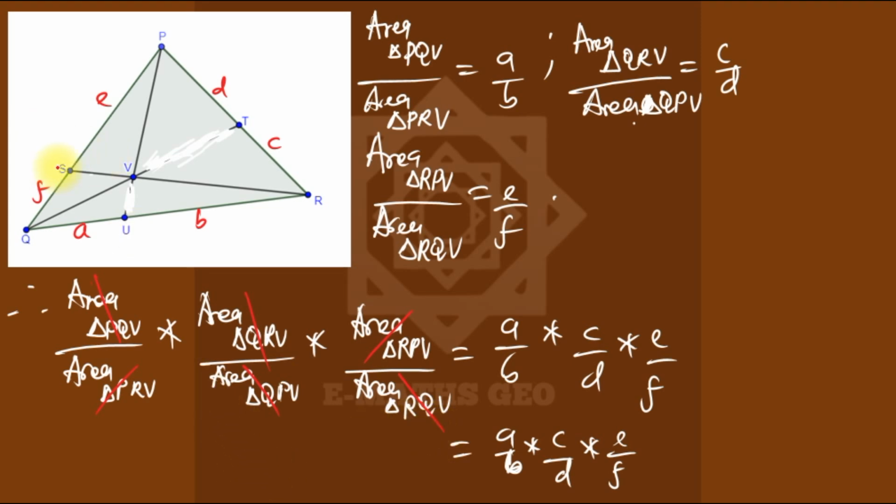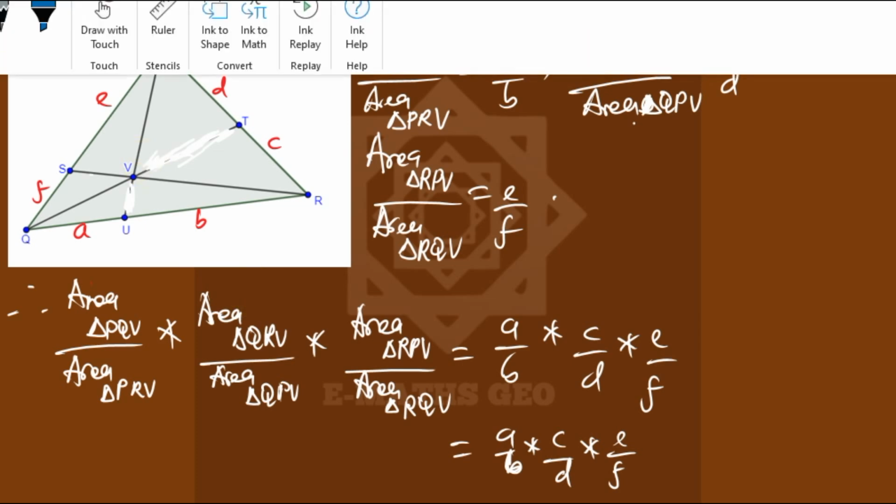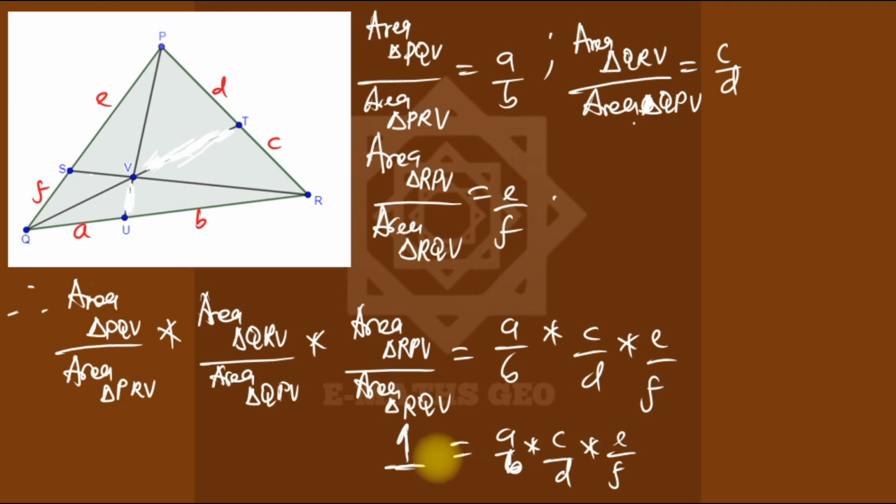So the answer is 1. We've proved that the product is 1. So that's Ceva's theorem for you.